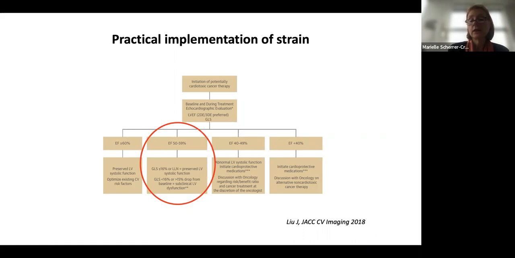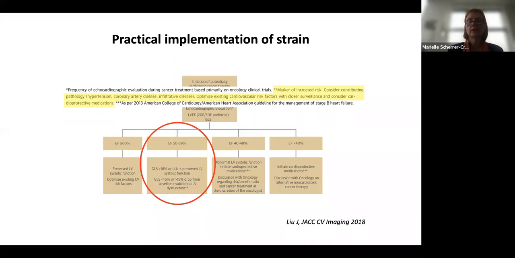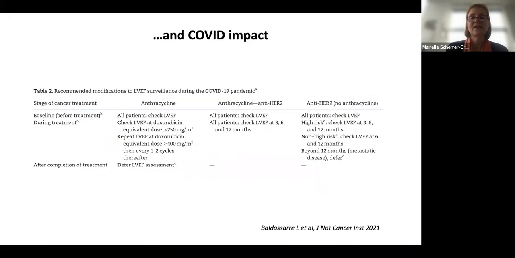A GLS of less than 16%, if the tracking is good, is a cause for, I wouldn't say concern, but at least something you should be aware of. And it's a marker of increased risk. So consider contributing pathology, optimize cardiovascular factors with closer surveillance, and consider cardioprotective medications. If you have an excuse to prescribe ACE inhibitors or beta blockers, just do it.